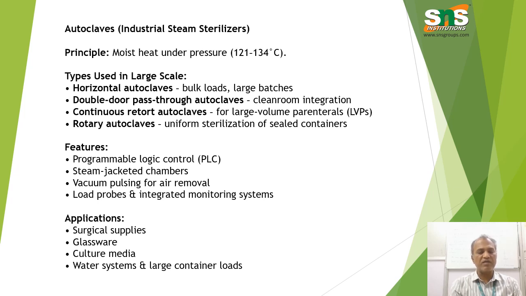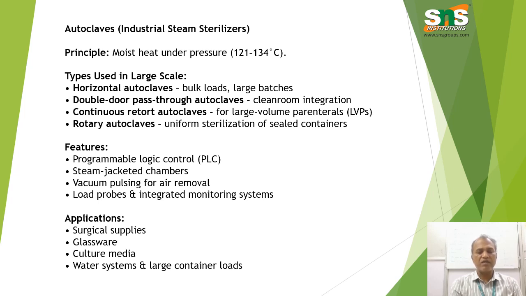The principle is moist heat under pressure. The temperature range is 121 to 134 degrees Celsius. What are the types of large-scale autoclaves? Horizontal, double door, continuous retort autoclaves and rotary autoclaves.